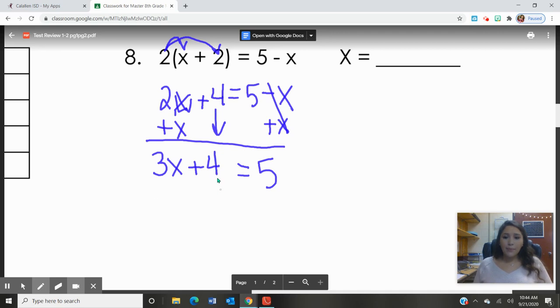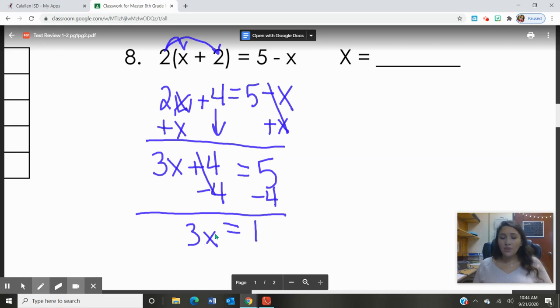Okay, my next step is to see what number is being added or subtracted to my variable, and that number is 4. Right now it's being added, so I have to do the opposite, and I'm going to subtract 4 from both sides. Okay, so my 4's cancel out. I'm left with 3x equals 5 minus 4, which is 1.